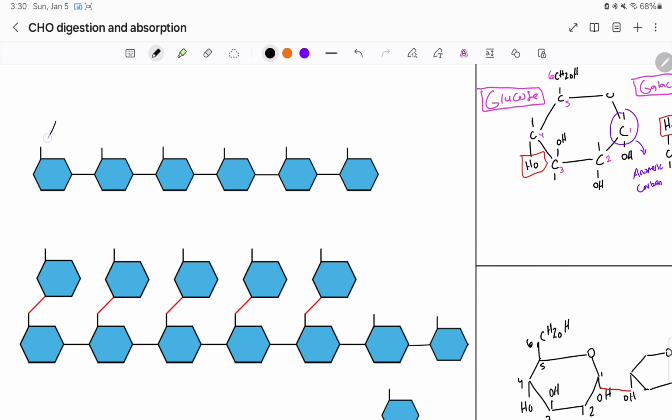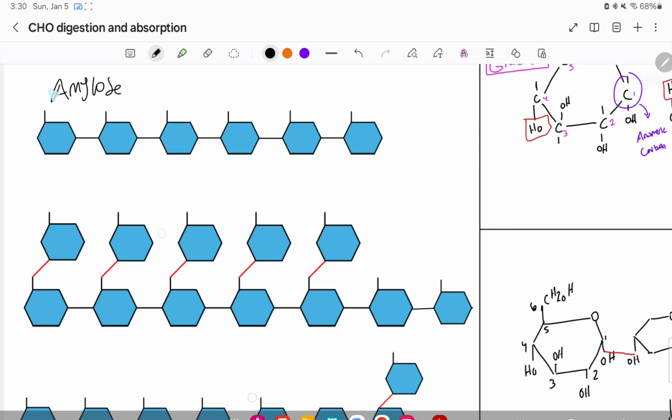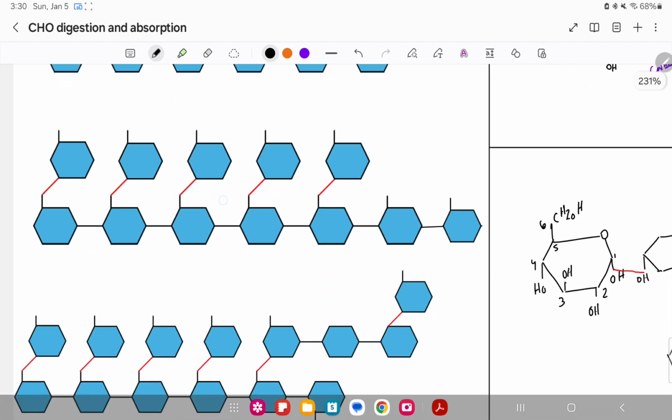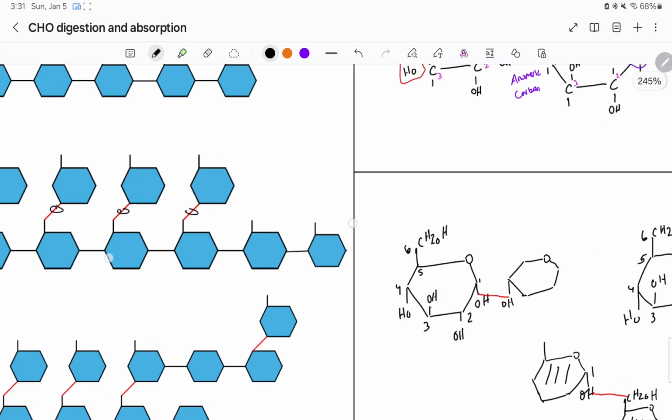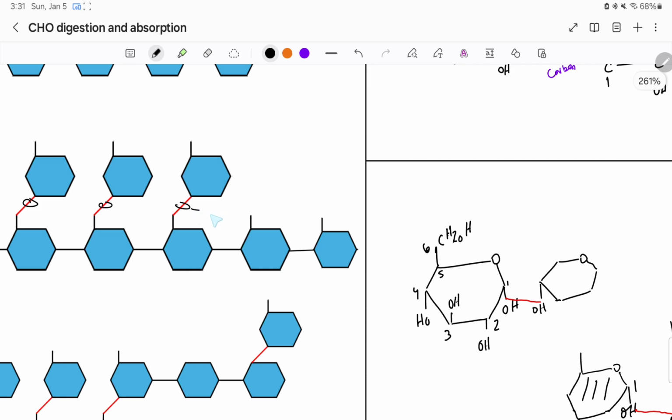This is known as amylose. And the one below it, you can see it has these little red attachments. What are these red attachments? Well, they're a special kind of bond. We call this red bond an alpha 1 to 6 glycosidic bond.